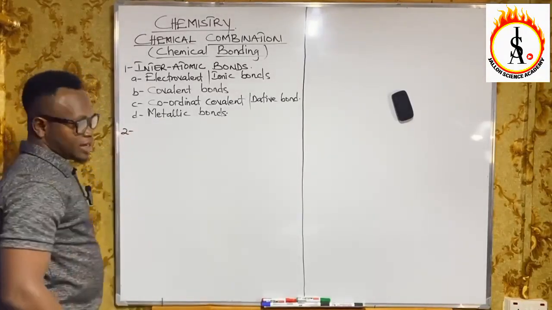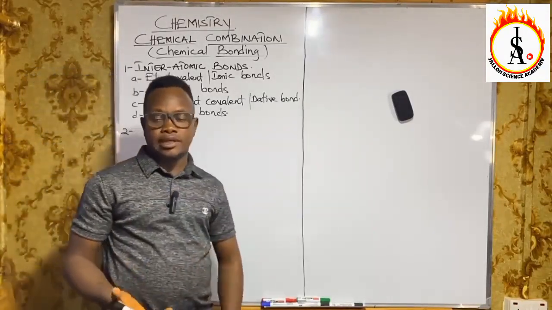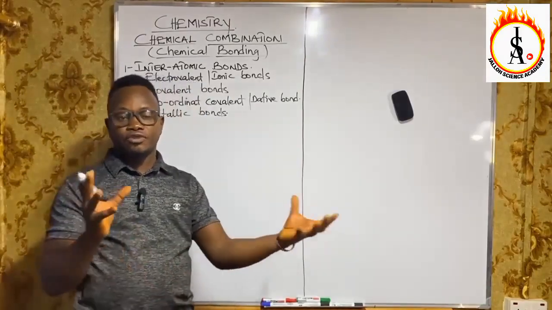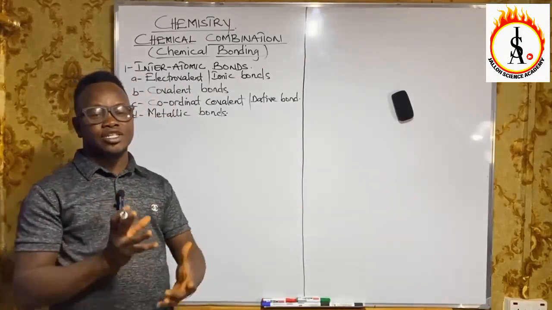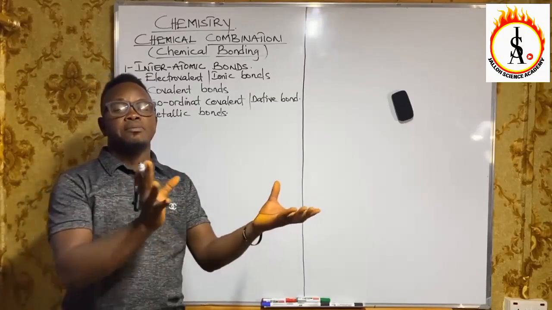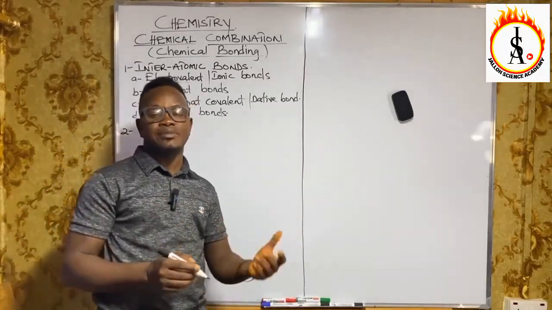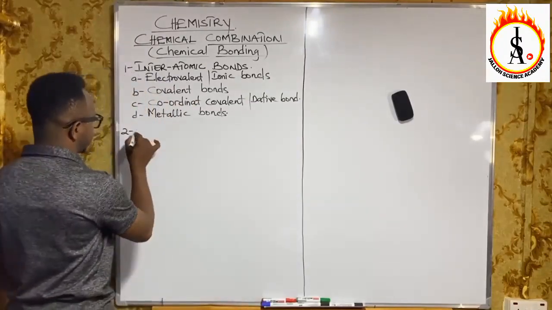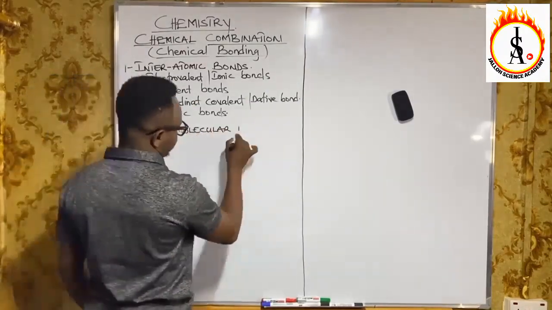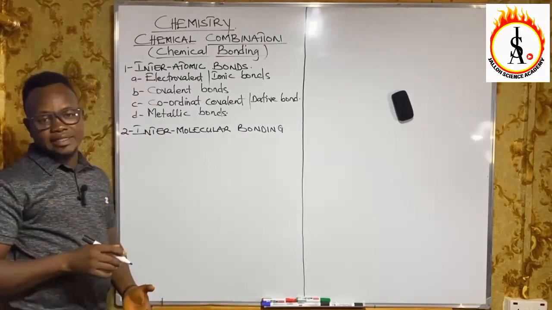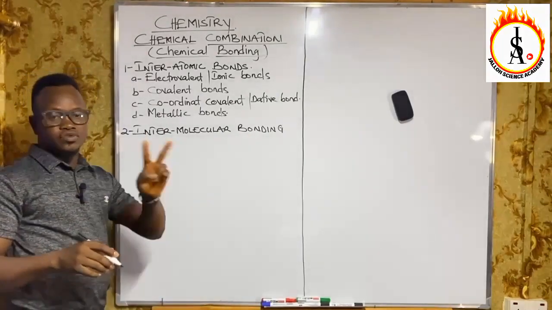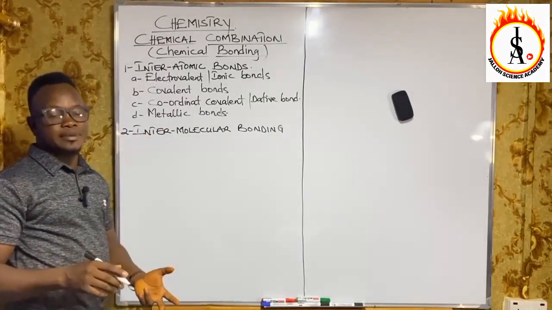The next we look at is intermolecular, and this one tells us of the force or the attraction that drives molecules to combine with each other. We call it intermolecular bonding. And under intermolecular bonding, we are going to look at two types.